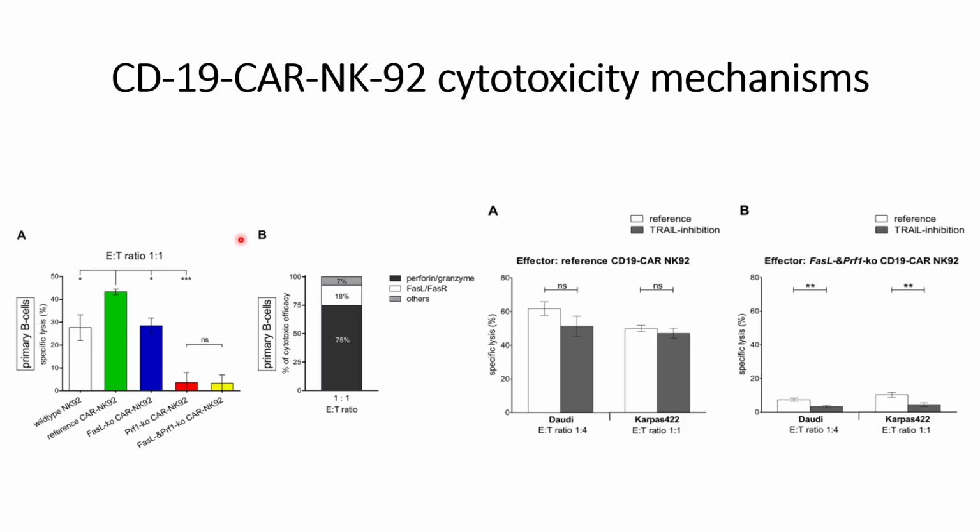When they check the contributions, they find similar results: the perforin and granzyme pathways play a significant role, around 75% in this case, and 18% of the cytotoxicity is by the FasL ligand, and around 7% is by others. This is figure 4 of the main manuscript, on the left-hand side, and the figure on the right-hand side is figure 5 of the main manuscript.